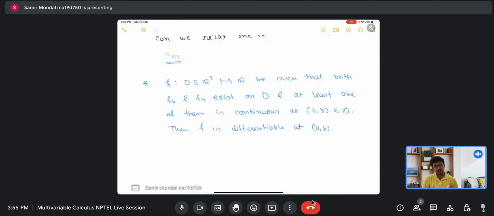After relaxing the condition, we can generalize these things, but we can say that if a function has both partial derivatives existing and at least one of them is continuous at the point (a, b) from the domain D, then f is differentiable at the point (a, b).